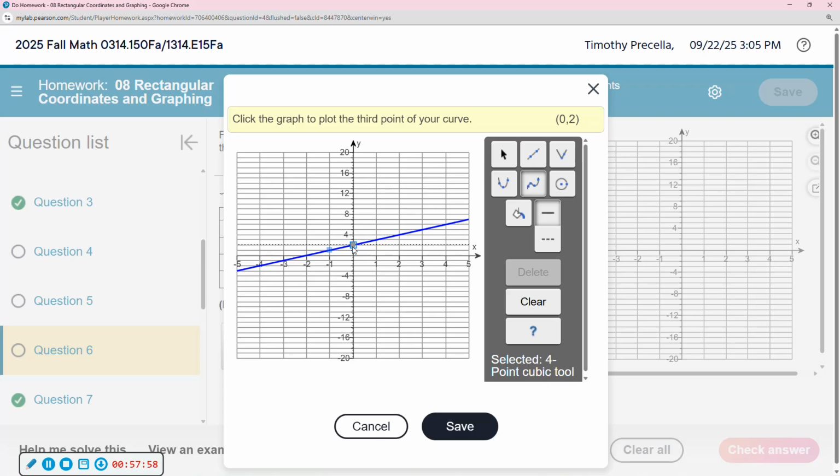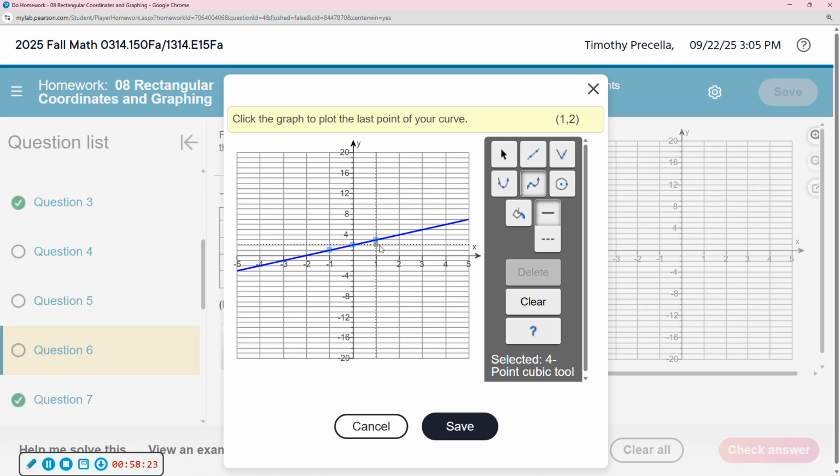And then 1, 3. If we stopped after just one of these, it looked almost like a parabola, but I don't think it is. Look at that. It looks like it's just a line. Am I at the correct third point? 1, 3, yeah. At this point, it looks more like a line than anything else.